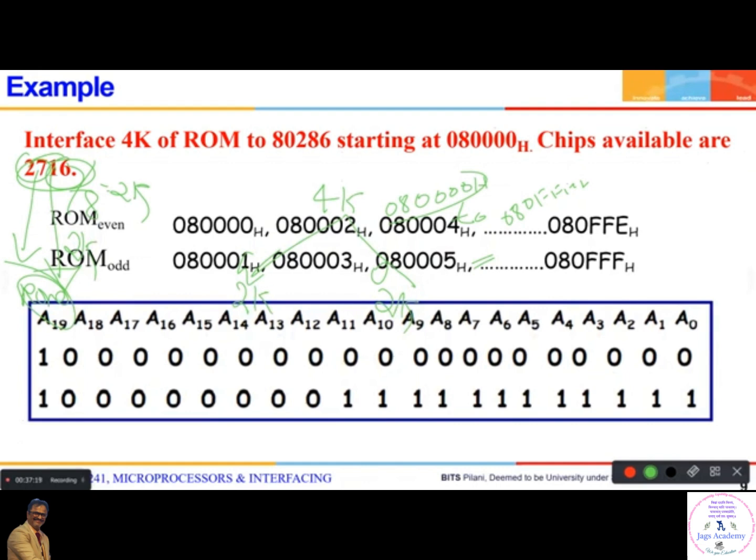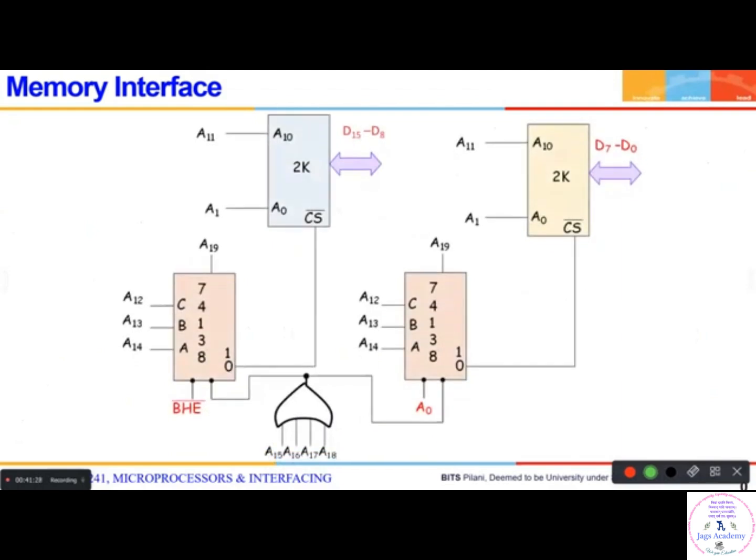How many address lines will go directly to the memory chip? Assume that A1 to A11 will go to the memory chip. Okay, now what else? Just think about this. A12, A13, up to A18. Very easy.